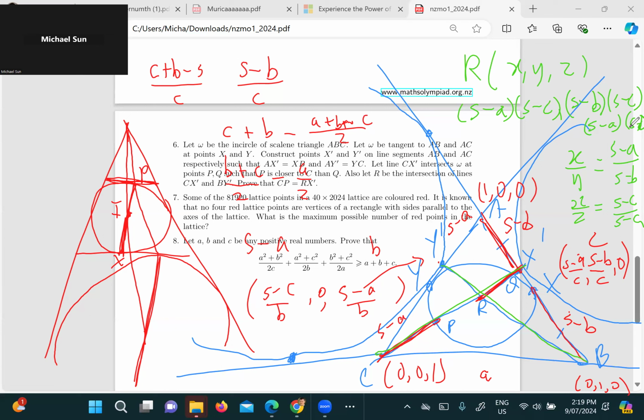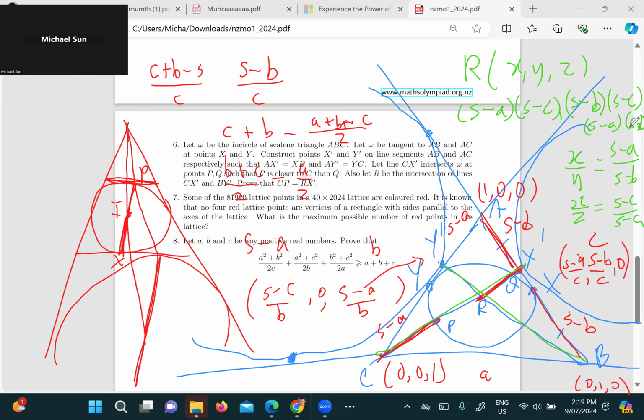Because Y on Z should equal something. Y on Z should be whatever the equivalent is, S minus C, S minus B on S minus A squared. Wait, what's X on Z again?